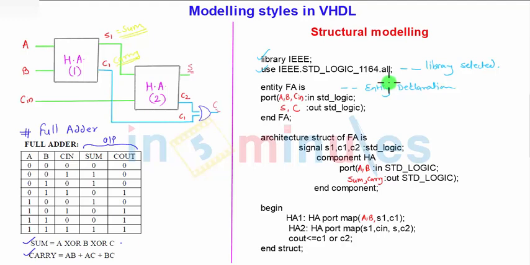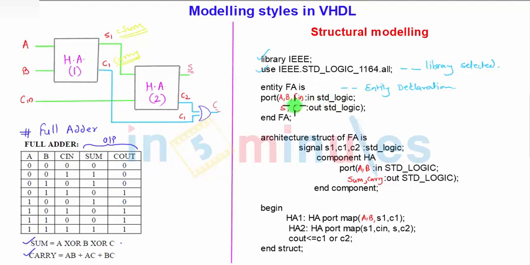Now entity will define the IO interface. IO interface means entity will only define the input and output ports. So let us define. Port: first we have A, B, C, followed by a colon. The colon sits between ABC and the data type, which says what data type they are.